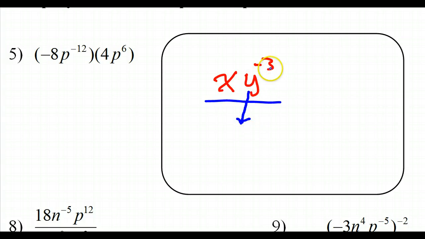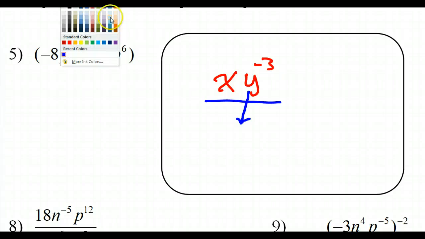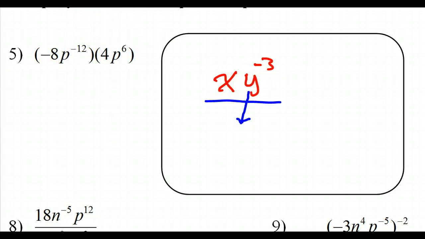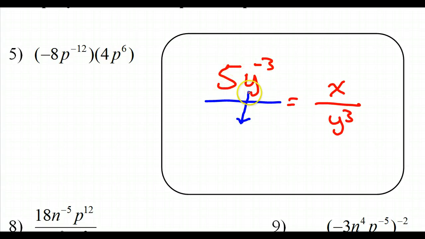So if I have y to the negative 3 power, the y is going to move down. Notice that the x will not move with it. The x just stays where it is. So this would become x over y to the 3rd power. This goes down and becomes a positive 3. Okay? It would be the same thing if this were some number. Say this were 5y to the negative 3 power. The y goes down, but the 5 is going to stay where it is, up in the top.